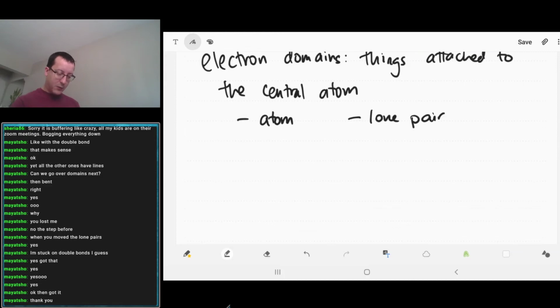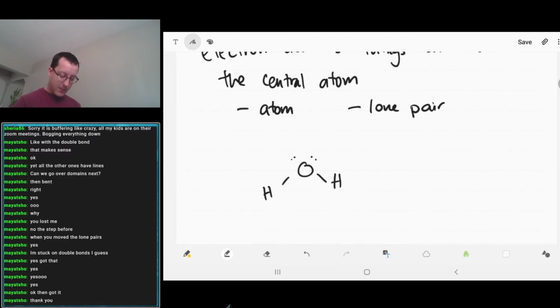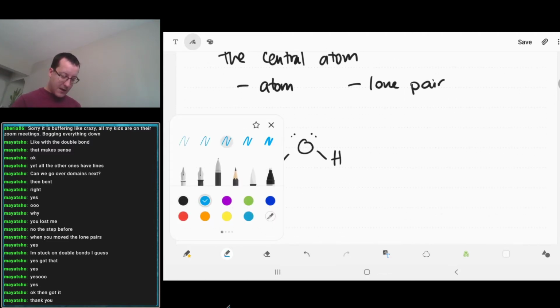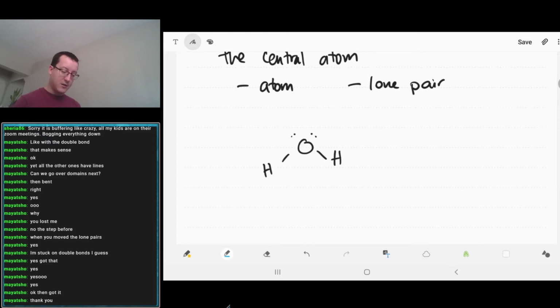If we look at water, water has 4 things stuck onto it: the first thing, the second thing, third thing, fourth thing. So water has 4 electron domains.